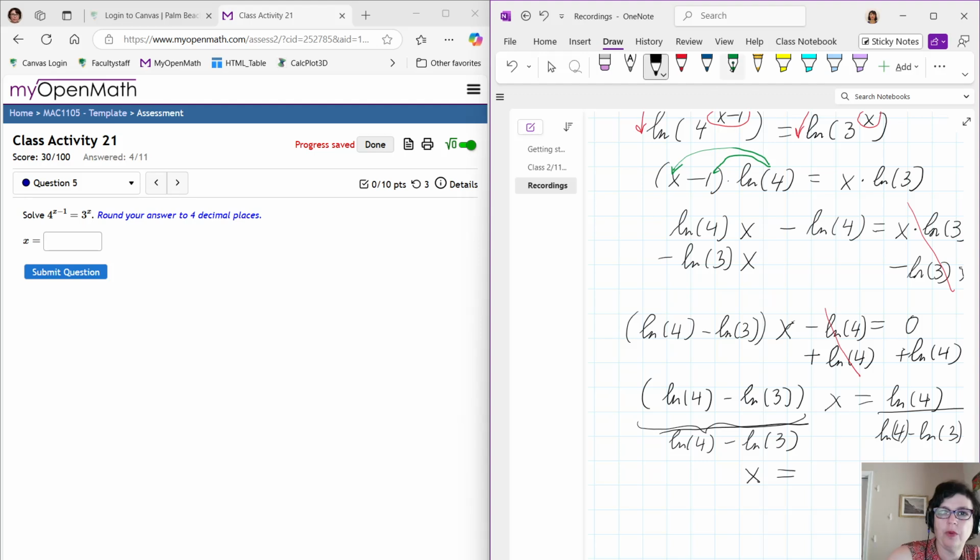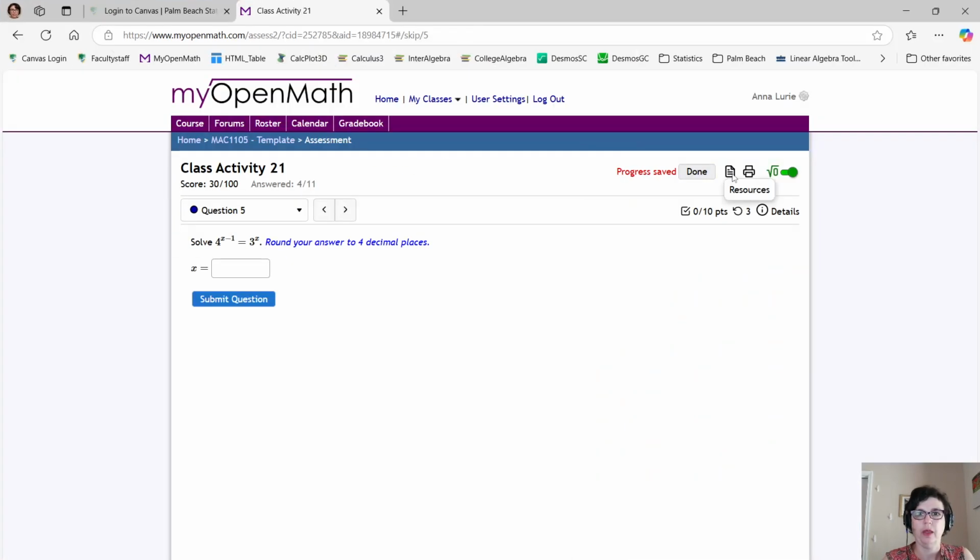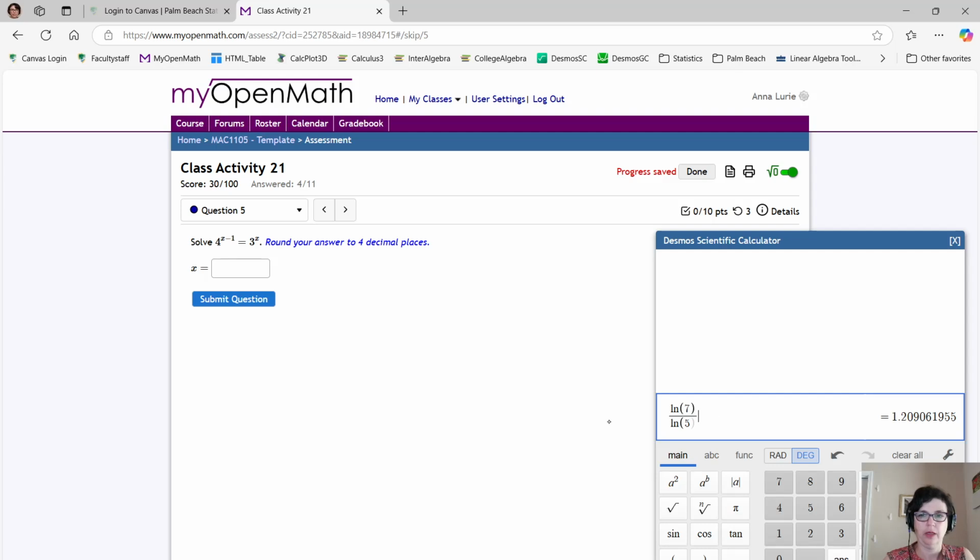Now let's cancel this part here, and put that on a calculator. I've got ln of 4 on the top, and on the bottom, ln of 4 minus ln of 3.